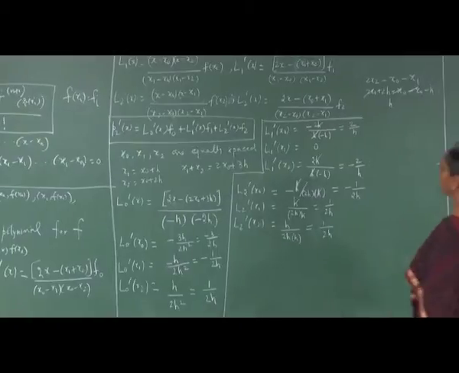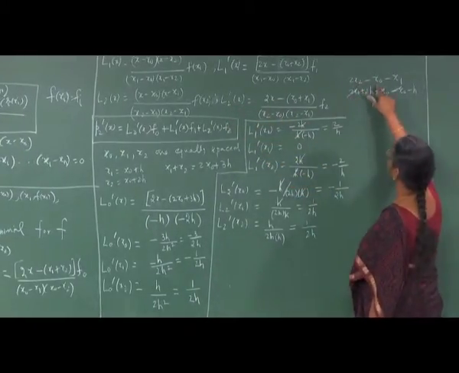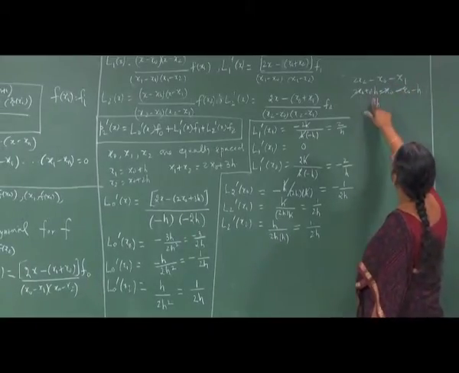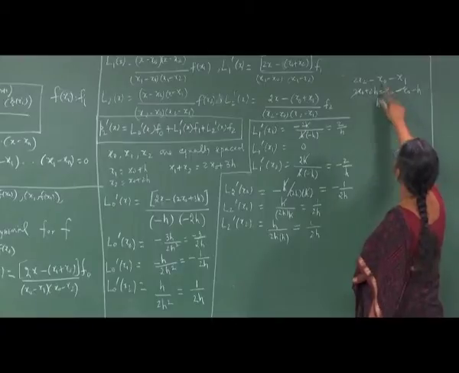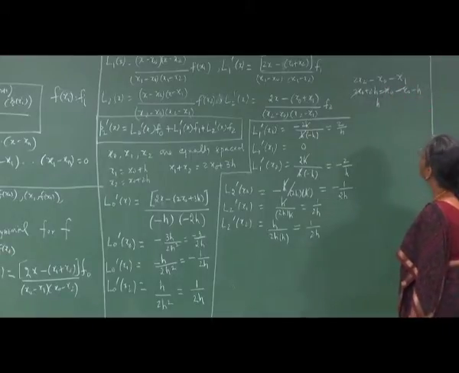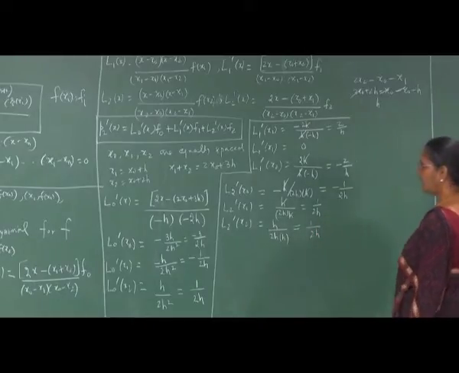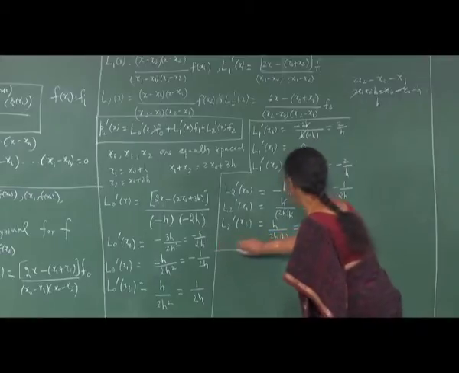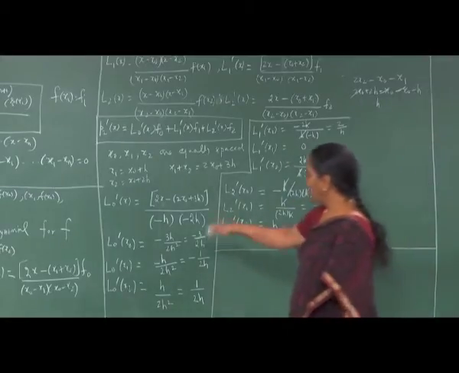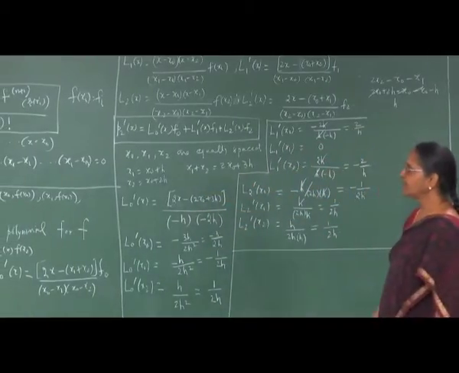Let us just check L2 dashed at x2: 2x2 minus x naught minus x1, so 2x naught plus 2h minus x naught, and x1 is x naught plus h, so minus x naught minus h, and that gives you h. Therefore, L2 dashed at x2 has been computed. So, we have evaluated all these derivatives at the nodal points.